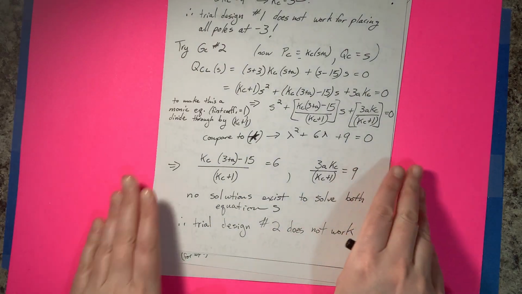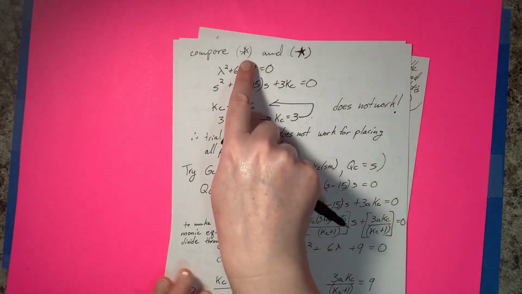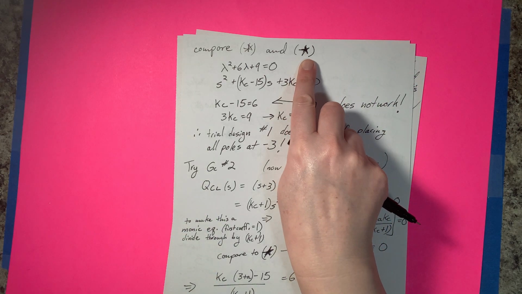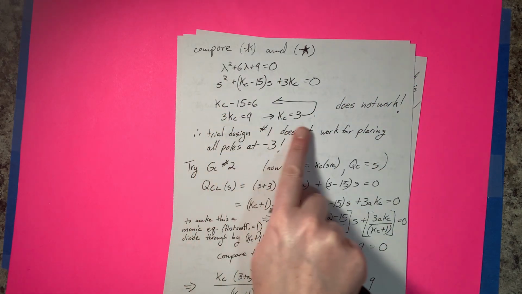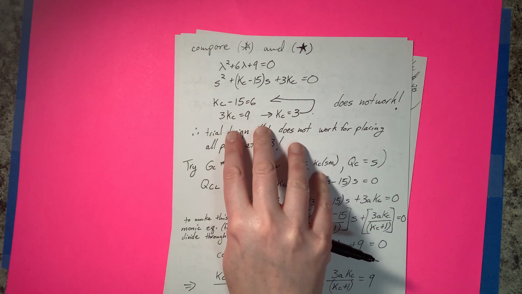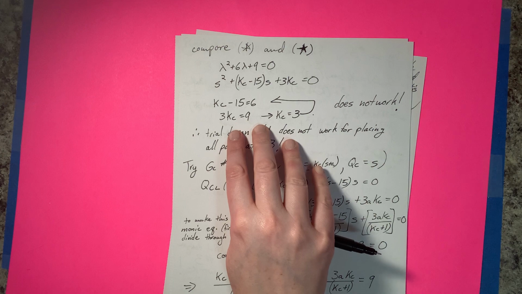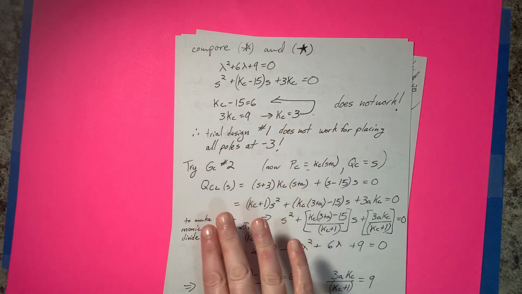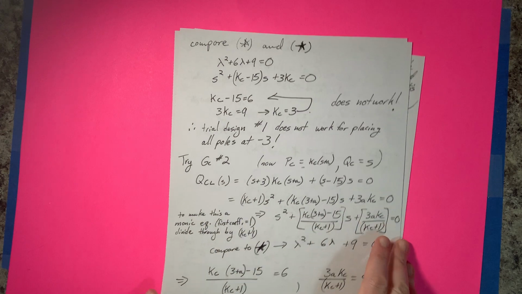They have no solution. So when we compare the asterisk type star and the bolded pointy star together, we get these equations here, and we can't solve for these. So trial design number 1 did not work for where we want to place our roots. We're going to have to advance to trial design number 2.